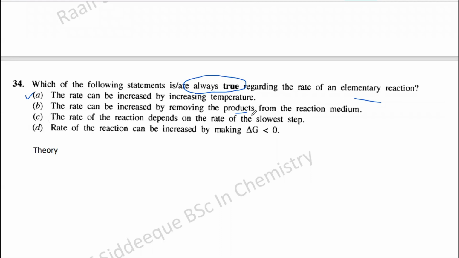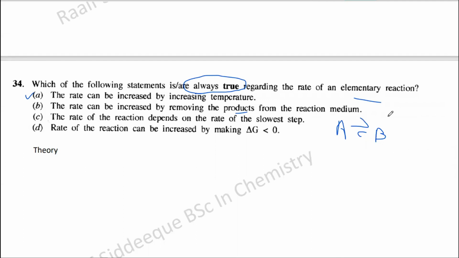So there are some reactions, for example, the reversible reaction. If there is a reversible elementary reaction like this, you remove this one, then the forward reaction will increase. So the rate increases.